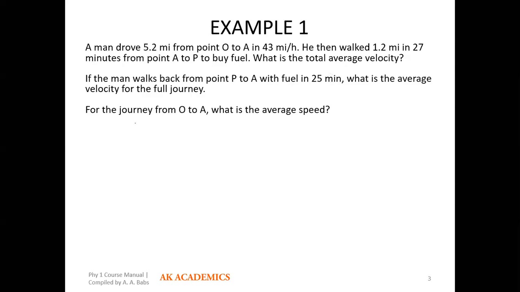If the man walks back from point P to A with fuel in 25 minutes, what is the average velocity for the full journey? And then for the journey from O to A, what is the average speed? Okay, this is a question that we can deal with and look at together. So let's try to see how to solve this.